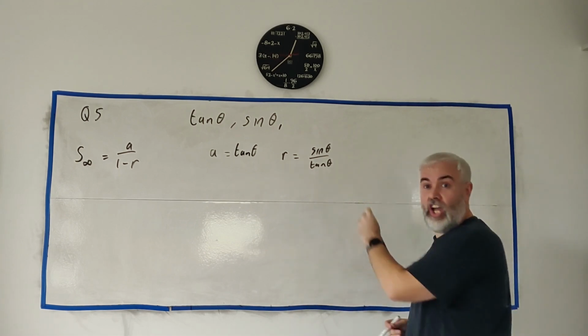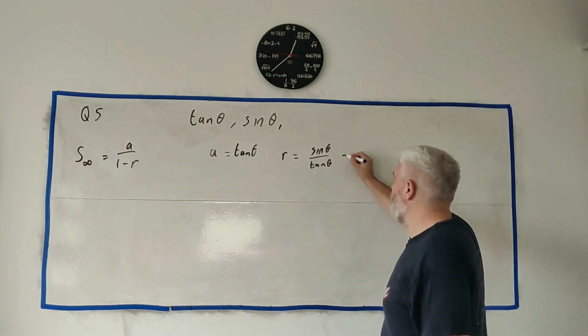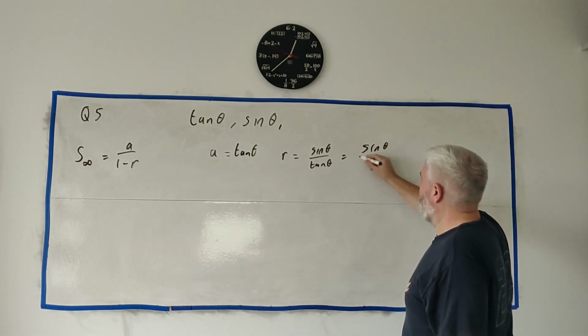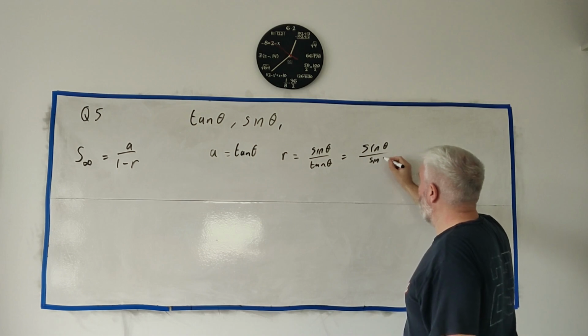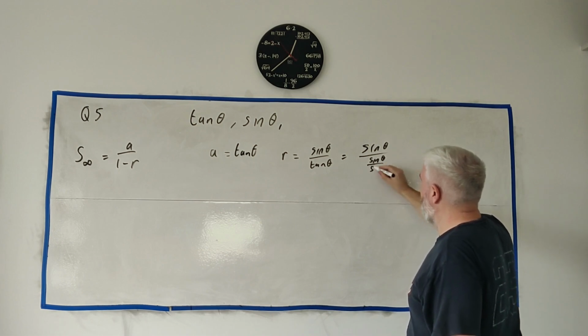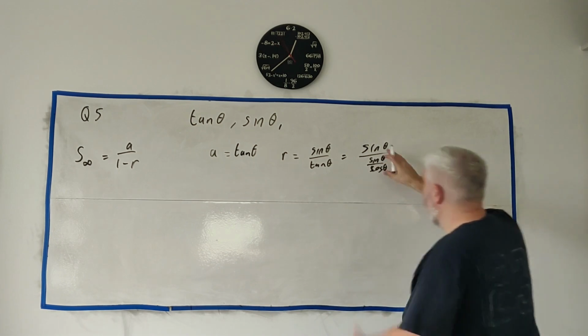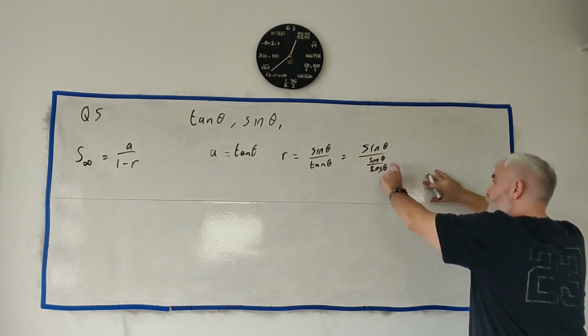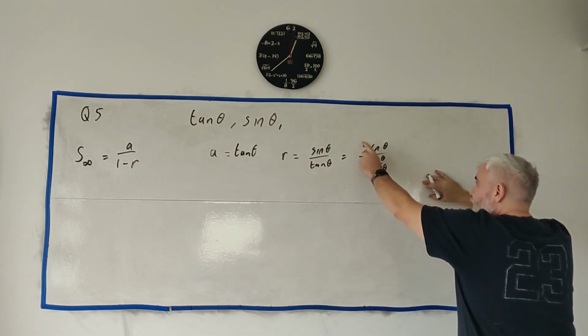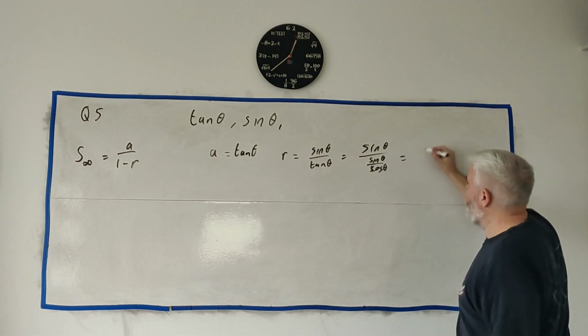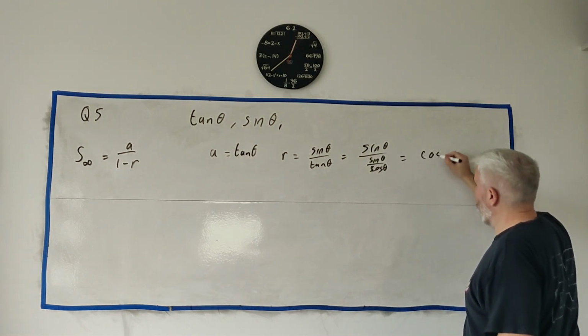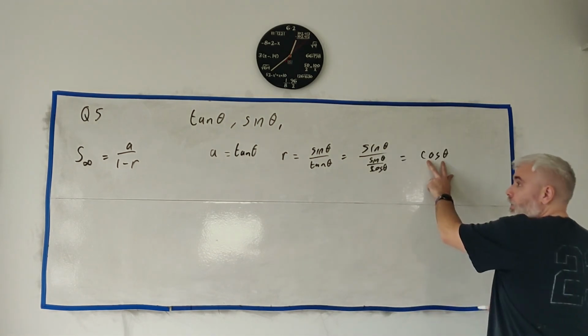Tan theta is just sine divided by cosine. So this can be rewritten as sine theta divided by sine theta over cosine theta. If we divide that in correctly, turn it upside down and multiply it, or just realize the sines cancel, we're left with cosine theta. This is r in this case.